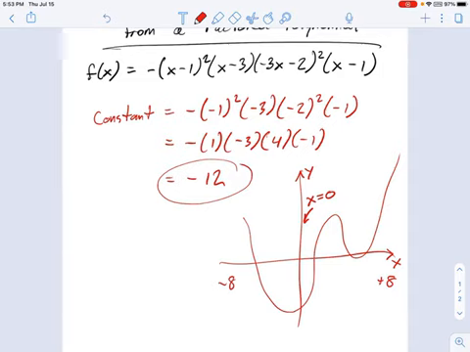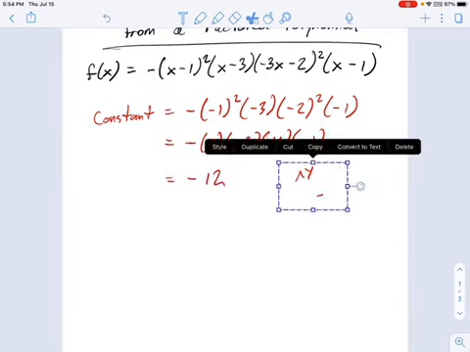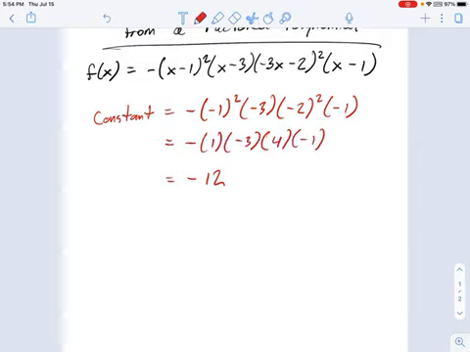So what you do is you take x equals 0 and you plug it into that original equation. Well, look what happens when you do that. All these x's turn into zeros, right? And all you're left with is the numbers. It's the same idea that we've been going over. Okay, so hopefully that clears it up a little bit. This is how you find the constant term. You just multiply all the numbers together on the right.